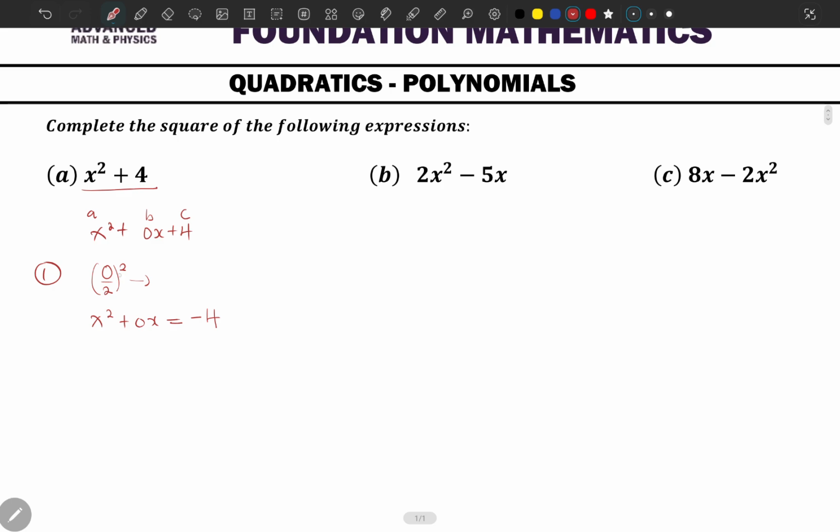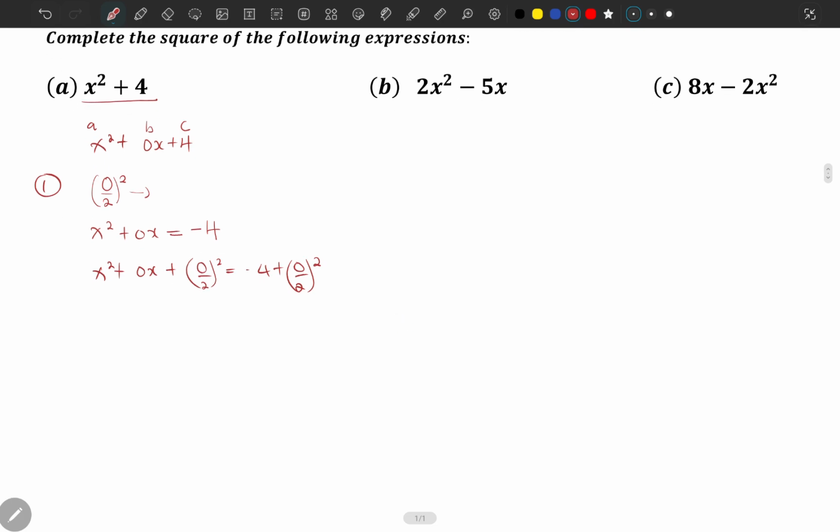So what do you do? This half square that you found, you add it to both sides. So you say x squared plus 0x plus 0 over 2 squared is equal to negative 4 plus 0 over 2 squared. But we know that 0 over 2 is just 0, meaning we have the same thing: x squared plus 0x plus 0 equals negative 4 plus 0.